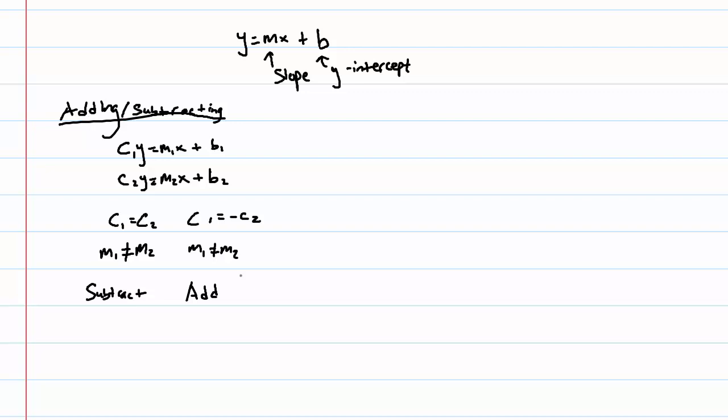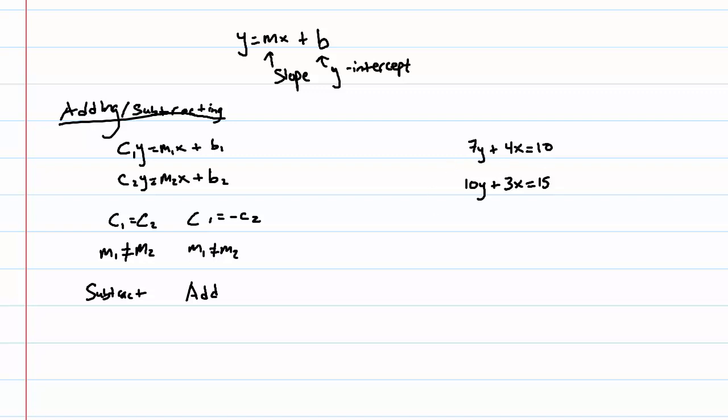This may look a little weird, so let's look at one example. If we have 7y plus 4x equals 10, and we also have 10y plus 3x equals 15, how can we solve this in terms of x and y?